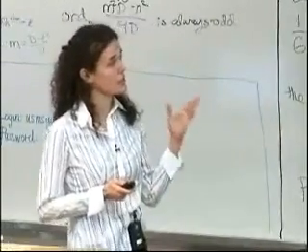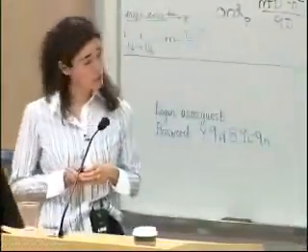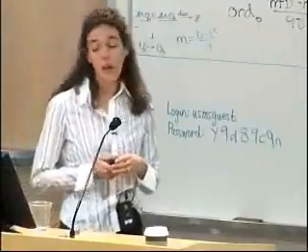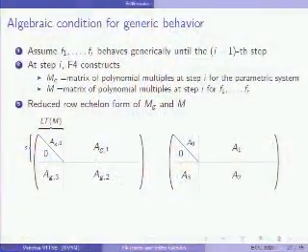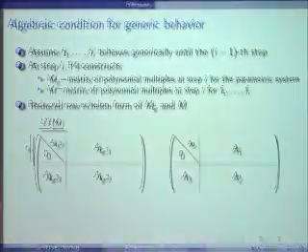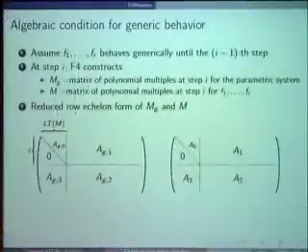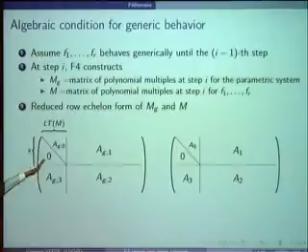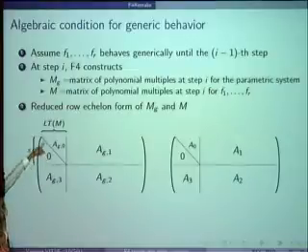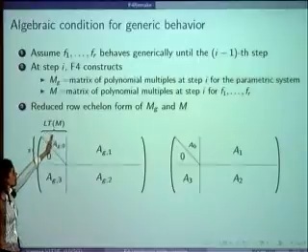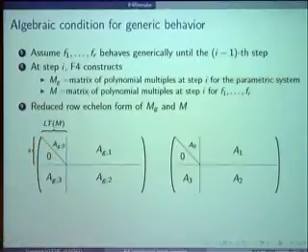So I have the matrix Mg for the parametric system and the matrix M for the instance.